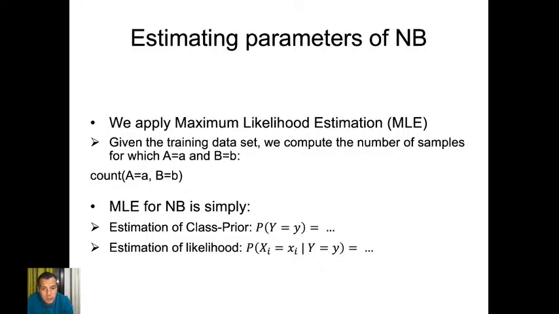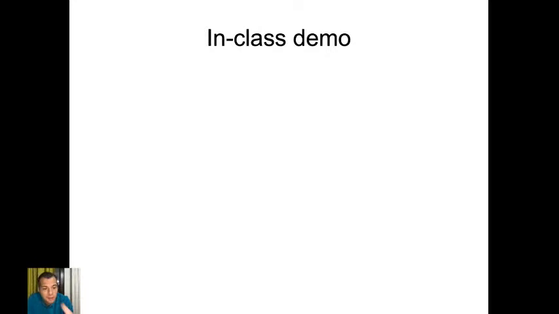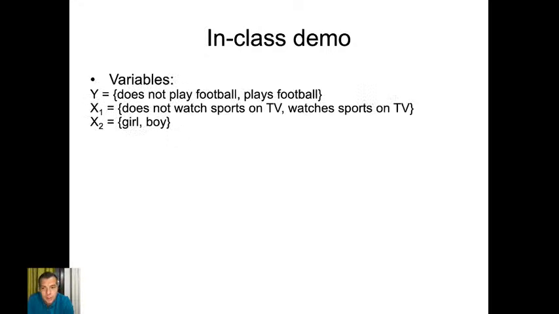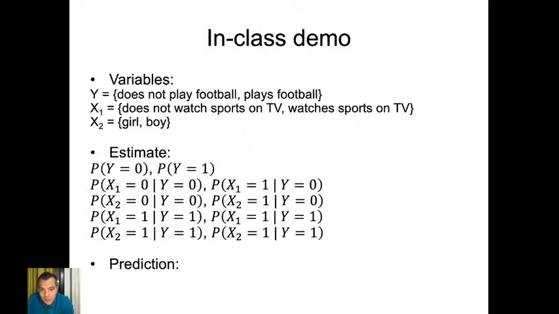Usually I would have done a small exercise in class with you, but again I need answers from the class. So I actually asked people who plays football and who doesn't, so I have these answers. I assume that the population is the entire class, and then who watches sport and who doesn't, and who is a girl and who is a boy.